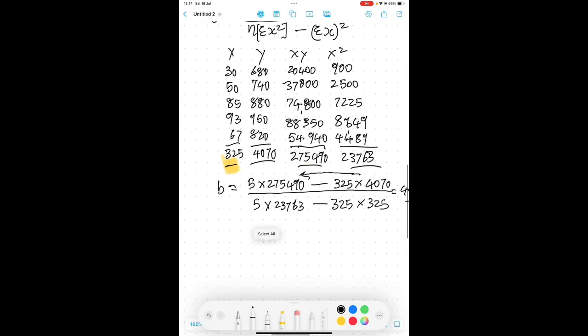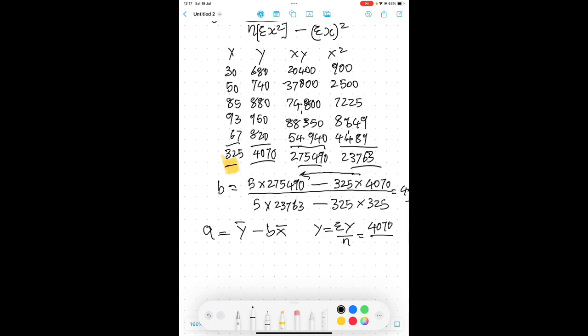So we can calculate A now, which is our fixed cost. The formula says y bar minus b x bar. What is y bar? It is the sum of the items of y divided by n, which is 4070. We've already done that.